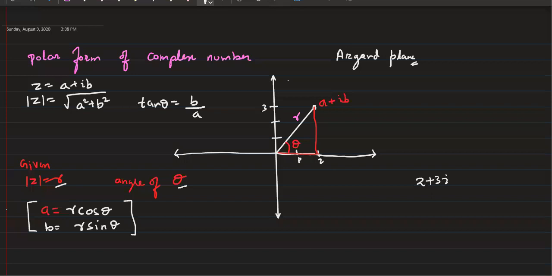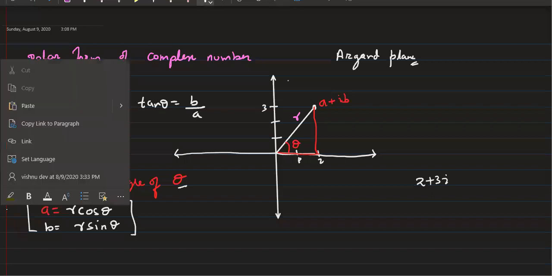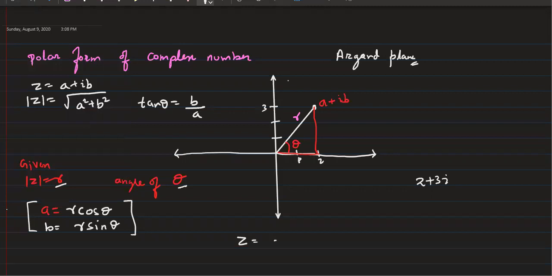So now the complex number can be written as z is equal to r cos theta plus i r sin theta. If you take r common, it will be r times (cos theta plus i sin theta). Everyone got this?